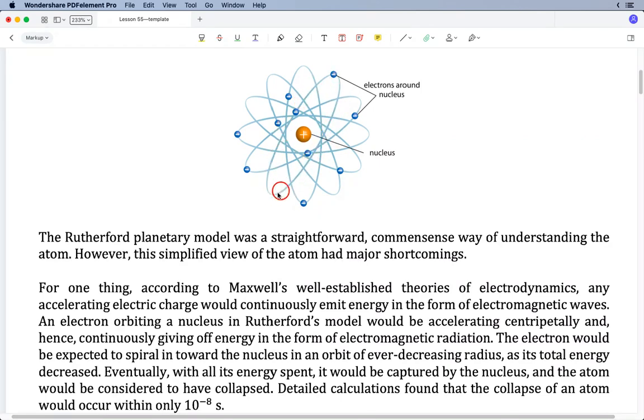And so according to physicists' understanding of electromagnetic waves at the time, that suggested that if the electron was accelerating like this, it would have to be emitting electromagnetic waves, and that it would actually lose energy from emitting those waves. So it would lose energy, and the energy would be carried away in the electromagnetic wave.